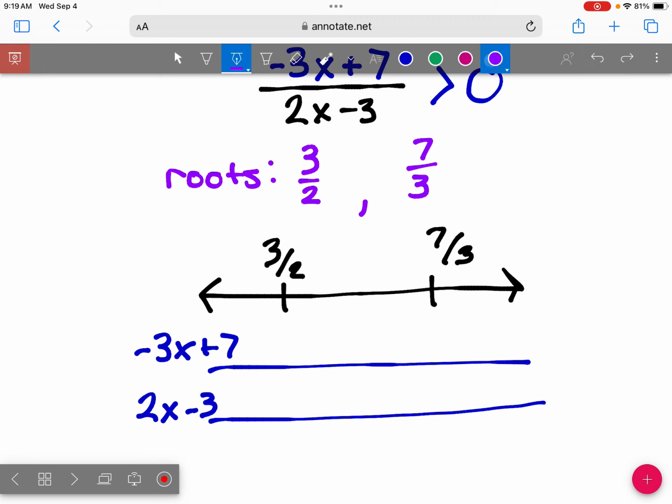I don't know why I did those bright pink. I'm going to switch those out to purple. Okay. Let's think through our positivity here.